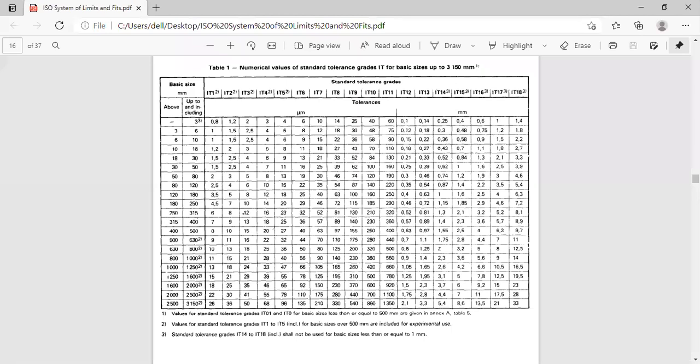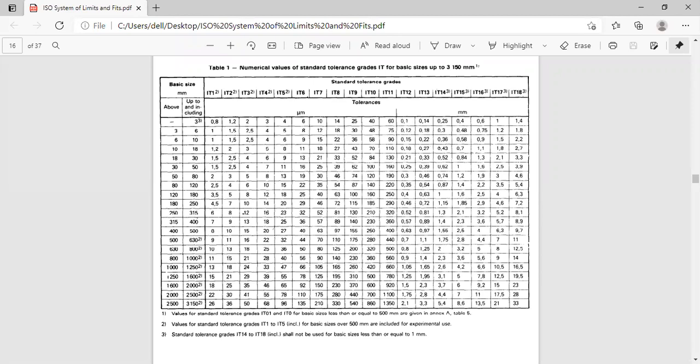Already I told you, starting from IT6 to IT16, he has given only the table, and those are only for theoretical purpose or for the problematic sake. And IT1 to IT5 you use for basic sizes above 500 mm, or 500 mm up to 3150 mm, for experimental use.